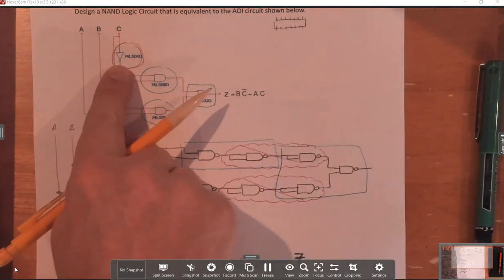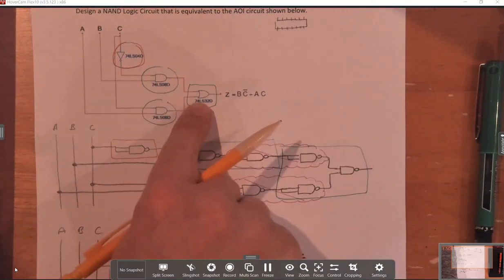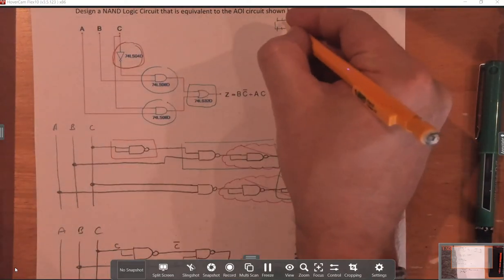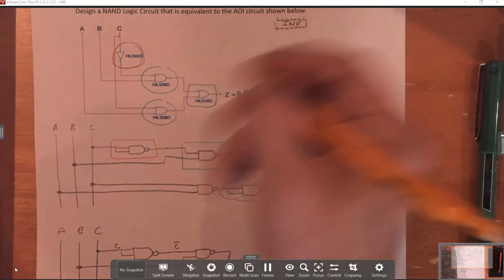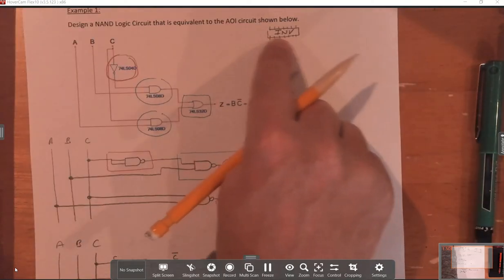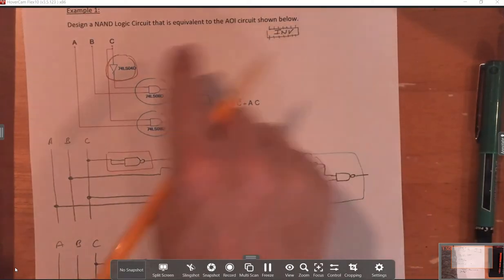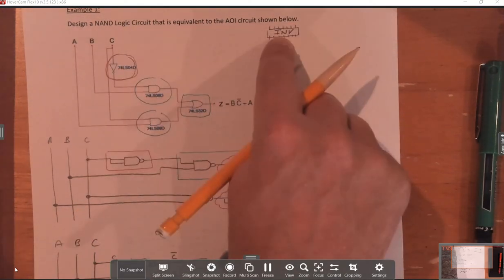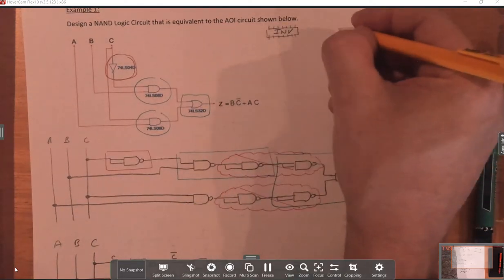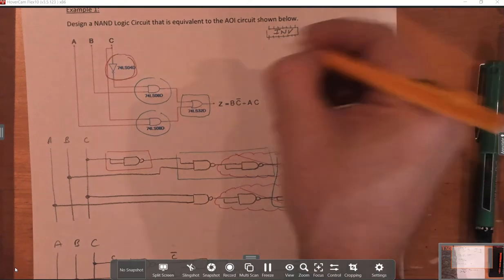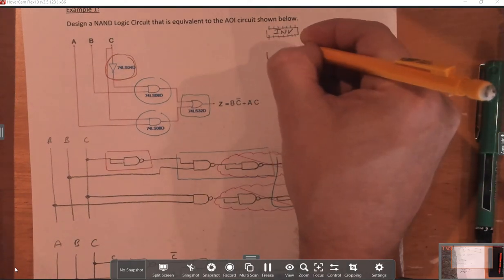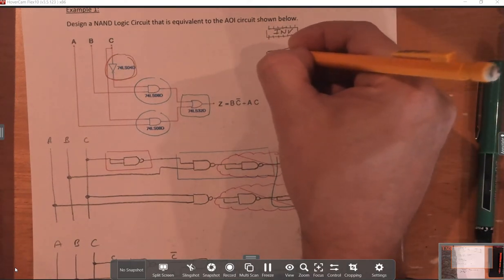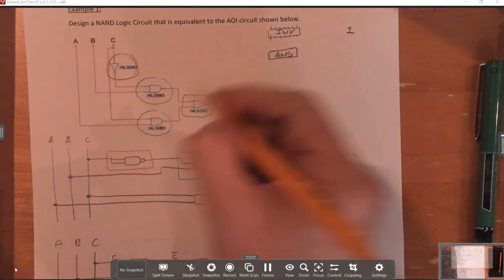You have an inverter here, you have a couple AND gates, and you have an OR gate. So you would have picked up an inverter chip. Now, inside that you'd have 6 inverters, and you only need one of them, but you still need the chip, right? To be able to access that inverter. So how many of those do you need? You need 1, right? Then you would have gone and gotten an AND chip, because you need a couple AND gates, right?